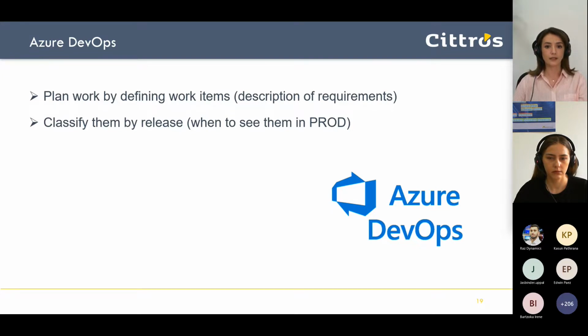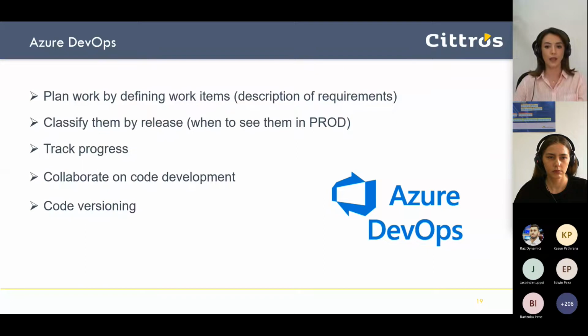There are services that enable us to track the progress and have a better overview of the release status. We will show some samples in this presentation. Also, Azure DevOps has a set of services where the developers can collaborate in code development and have code versioning possibilities, as well as supporting the testing and the deployment processes.